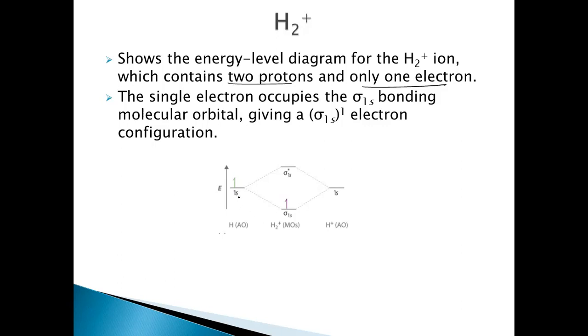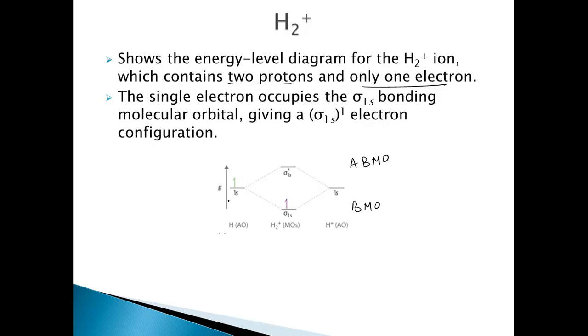By linear combination of atomic orbitals of these two, we get two molecular orbitals: the lower energy bonding molecular orbital and the antibonding molecular orbital, represented by sigma 1s and sigma star 1s.